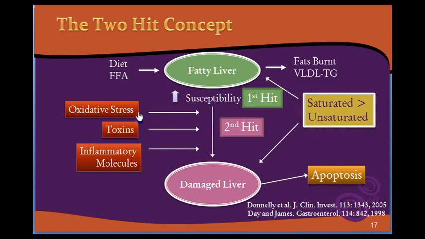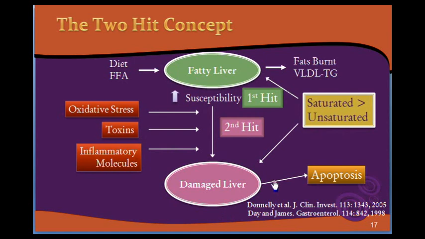The second hit here is the oxidative stress thrown on the fat laden liver cells, and the toxins that are generated and the inflammatory molecules that are secreted, all of them together act on the susceptible fatty liver and convert it into a damaged liver or the NASH liver, non-alcoholic steatohepatitis.